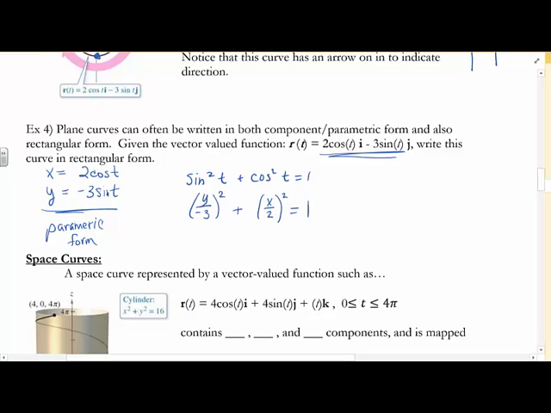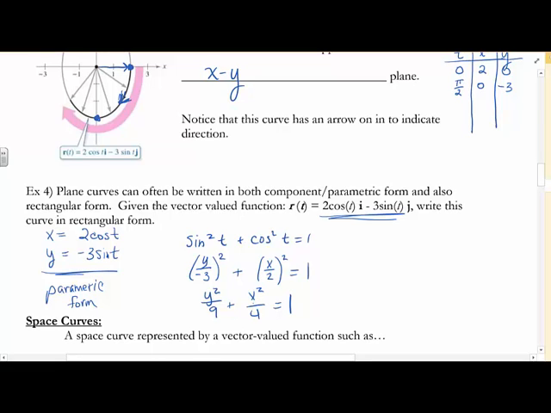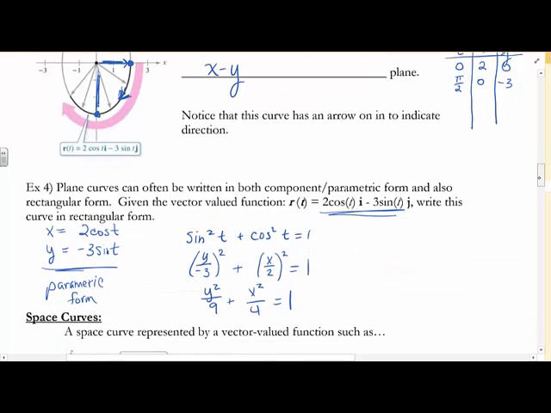So this parametric equation turns into this rectangular form, which is y squared over 9 plus x squared over 4 equals 1. And if you're familiar with conic sections, you know that's an ellipse centered at the origin with a minor axis of 2 and a major axis of 9. Not 9, geez, 3. So there's my minor axis of 2, there's my major axis of 3, and there's my ellipse.